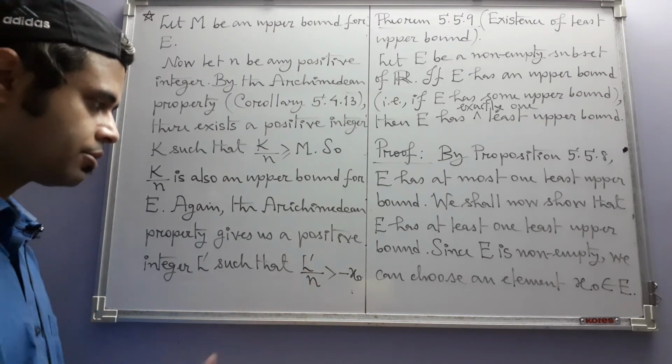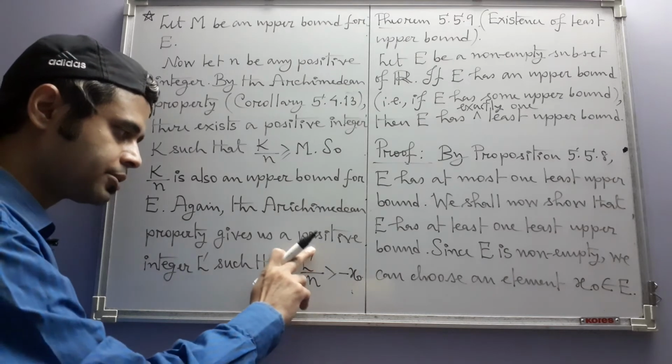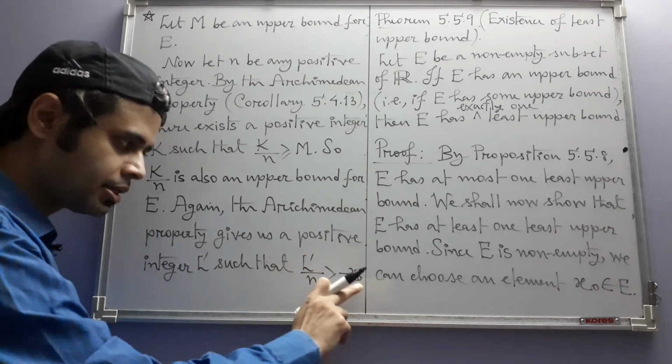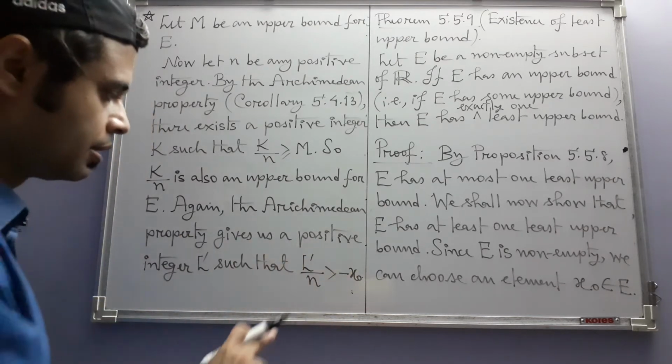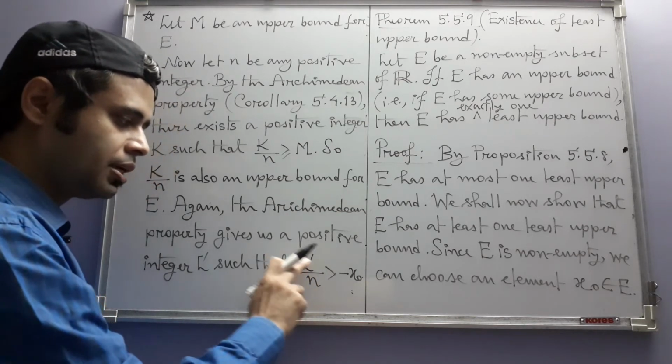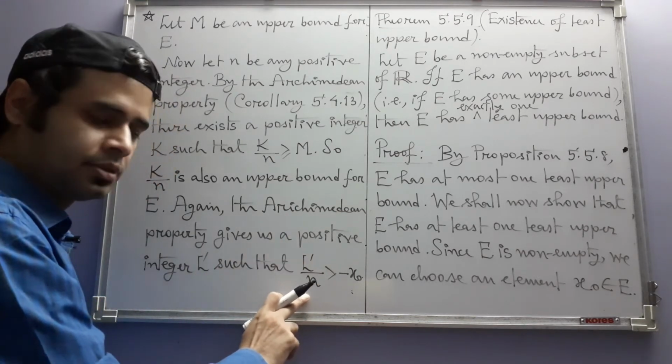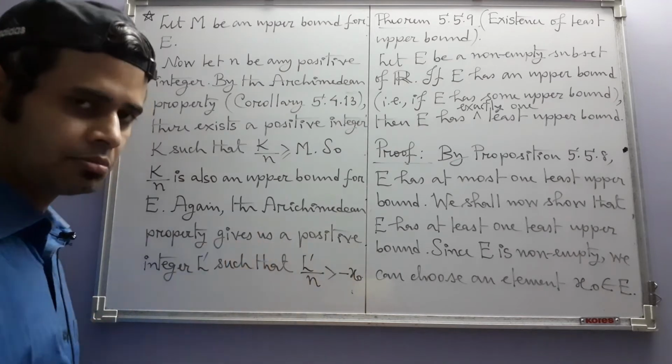So we will also have, by the Archimedean property, a positive integer L prime such that this inequality is true. Multiplying 1 over n by L prime gives us a real number that is greater than minus x naught.